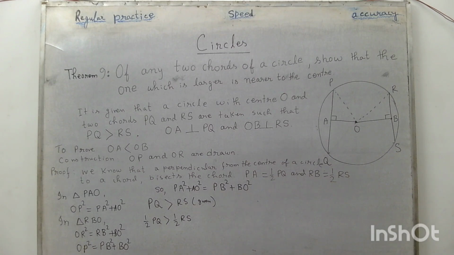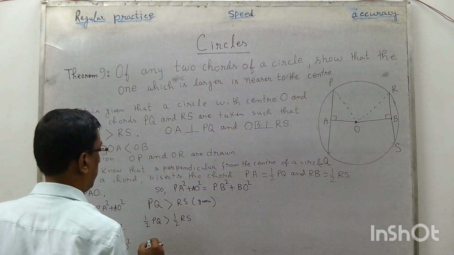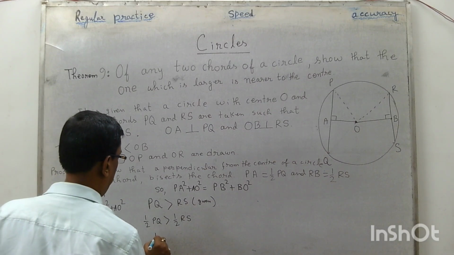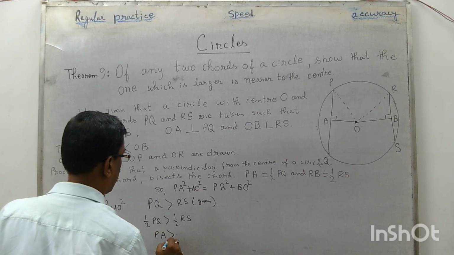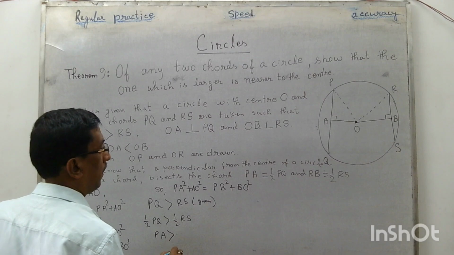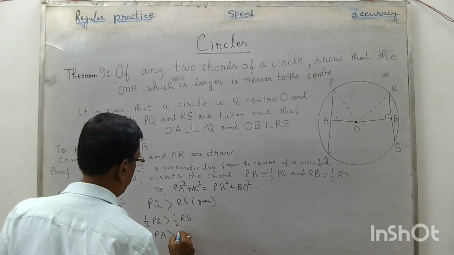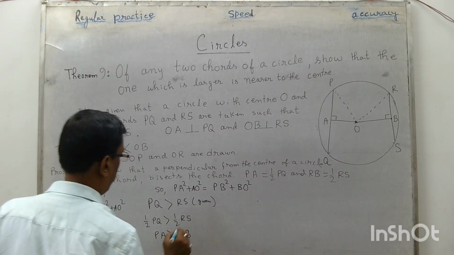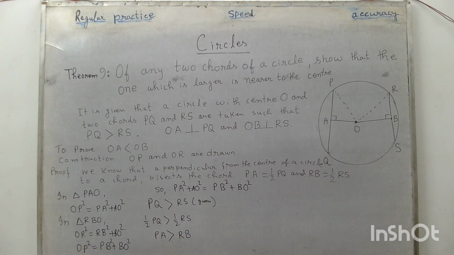That means half of PQ, PA, is greater than RB. PA is greater than RB। ये तो हो गया.